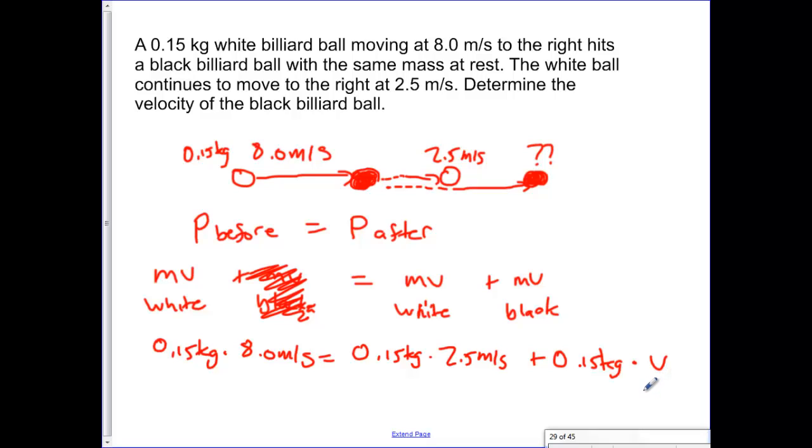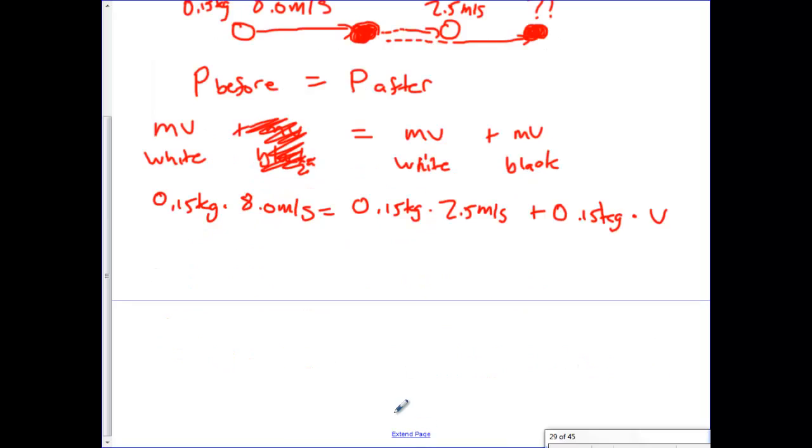It's really similar to energy, and also kind of similar to forces in a way. You just got to keep track of them all. So, how do you get V by itself? Subtract this and divide by that, yeah. So I'm just going to find some numbers for you here. 0.15 times 8. So this would have been 1.2. Oops, 0.15 times 2.5.